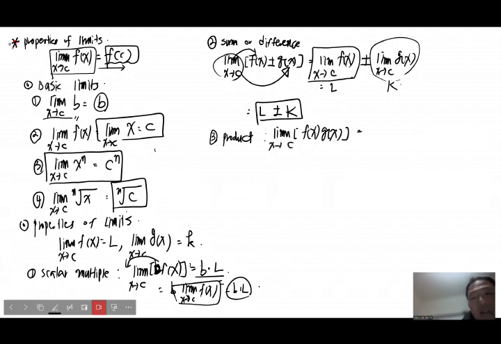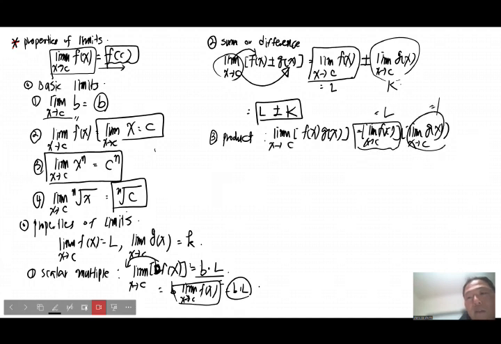Then, just like the sum or difference case, that limit can be split into f(x) and g(x) separately. So you can re-express it with the limit of f(x) times the limit of g(x) as x goes to c. This one is L, this one is K. So that should be L times K. Okay, that is the product rule.